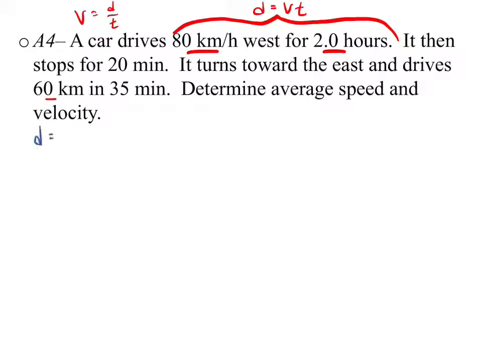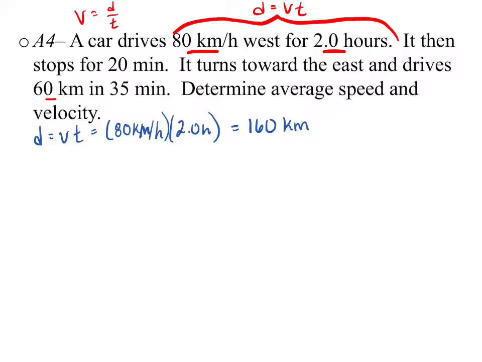So let's do that. So distance is equal to velocity times time. So my velocity is 80 kilometers per hour, and the time is 2 hours. Now it's okay that I'm using kilometers per hour and hours here, because again, the hours cancel with the 2 hours. If I was using minutes, then that would be a problem. That altogether is 160 kilometers.